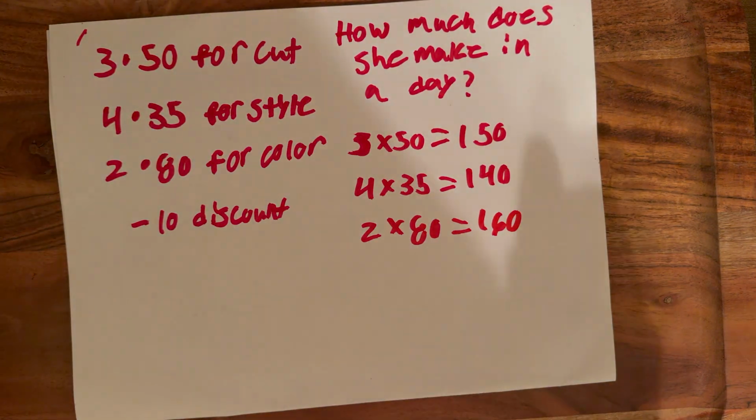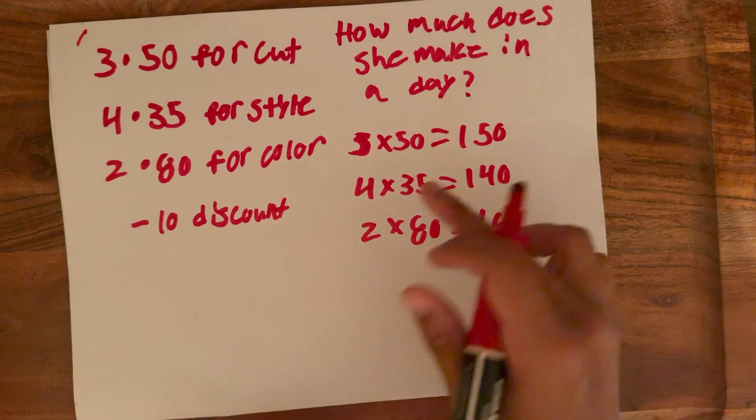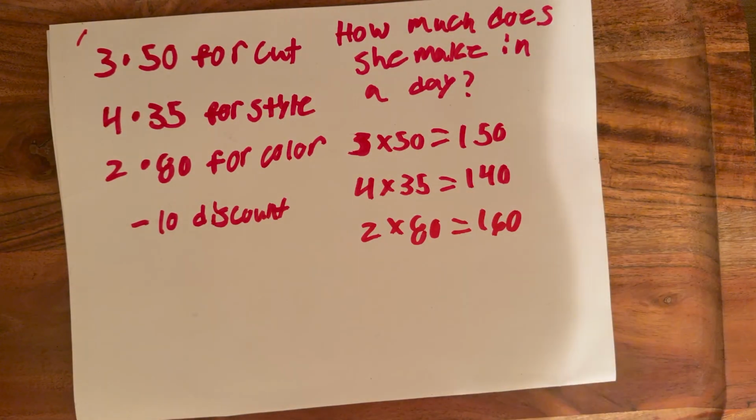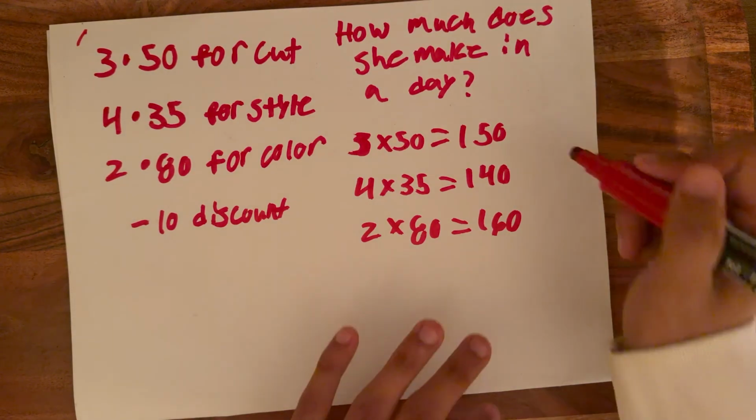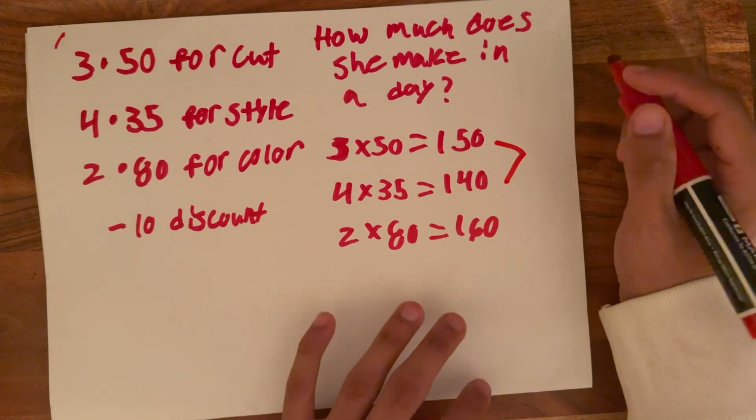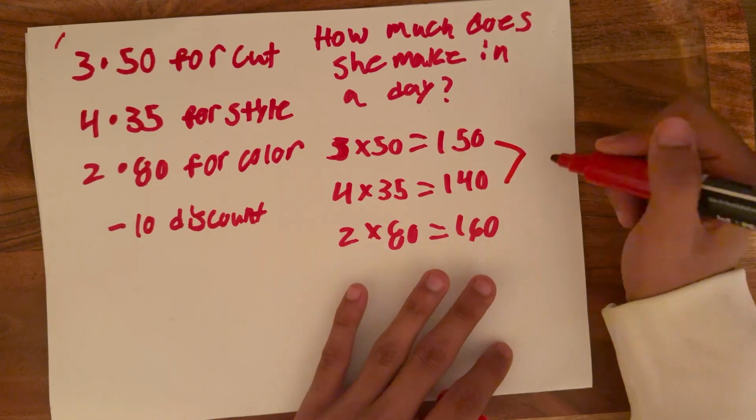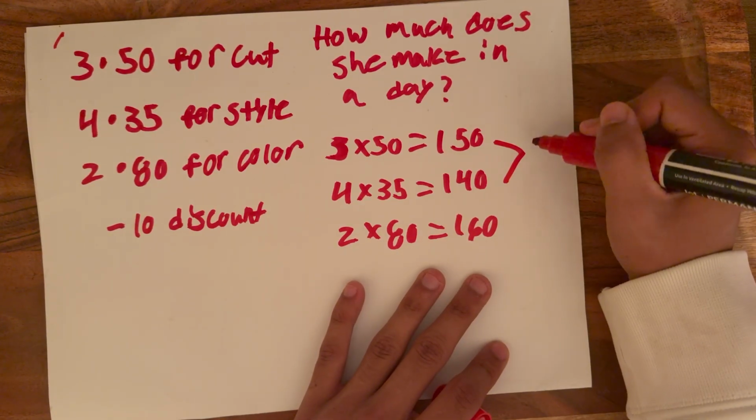So a little simple math here. 3 times 50, 150. 4 times 35, 140. And 2 times 80, 160. So we're going to add all those together, obviously. And we'll get 450.